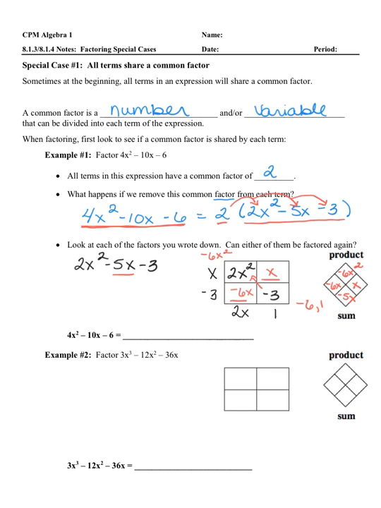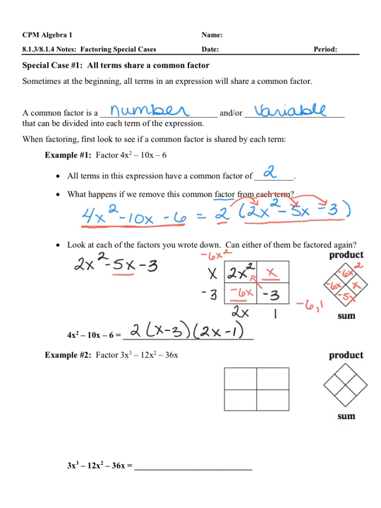This means that 4x squared minus 10x minus 6 can be rewritten as a product of all of its factors: 2 times x minus 3 times 2x plus 1.